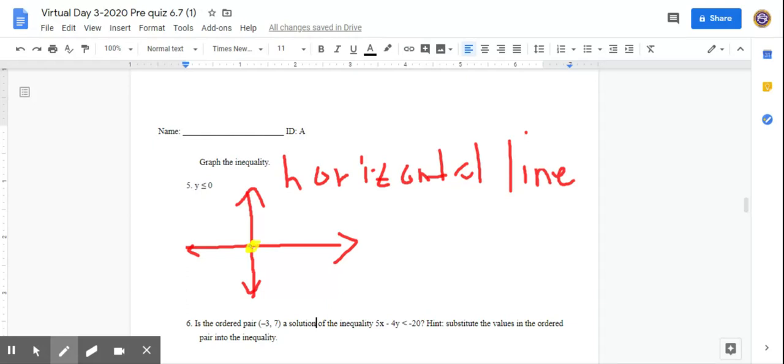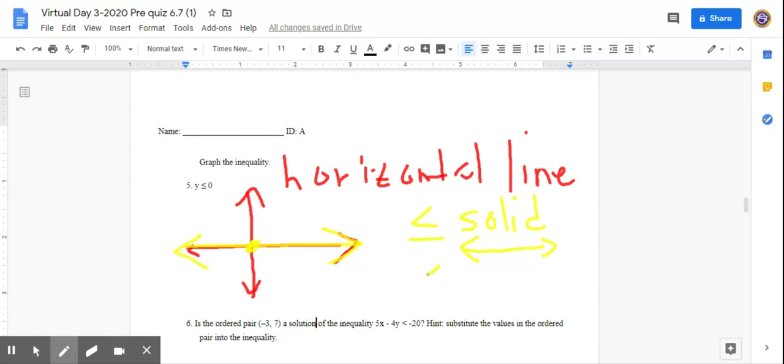But before we draw our line on the x-axis, we have to look at the inequality. It has an equal sign, so that means it's going to be a solid line, okay? Solid line. So I'm going to draw a solid line right on the x-axis.